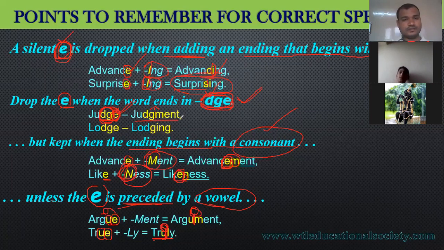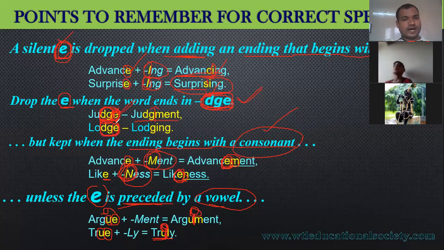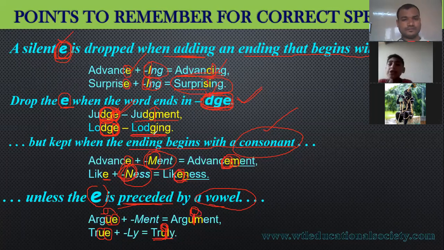Judgment. So E has been dropped. In a similar way, the word ending in DGE, lodge, the last letter E is omitted in lodging. So E has been omitted here.